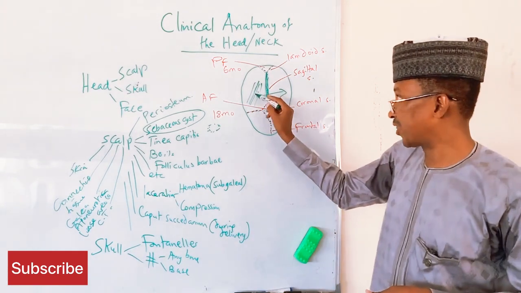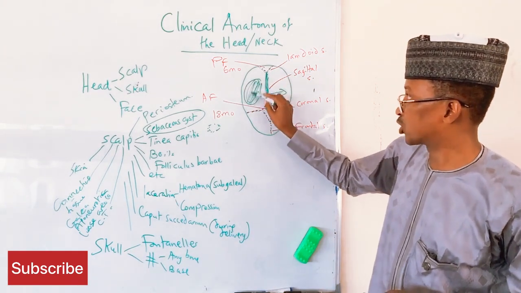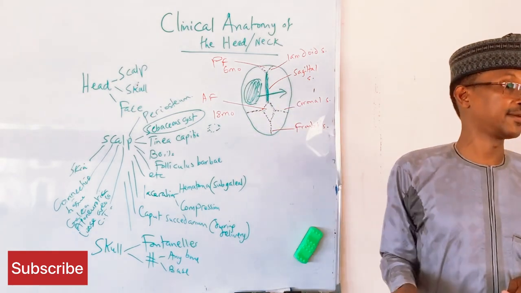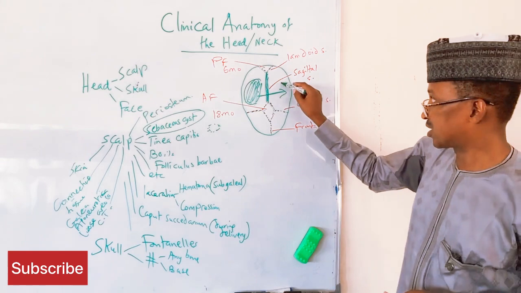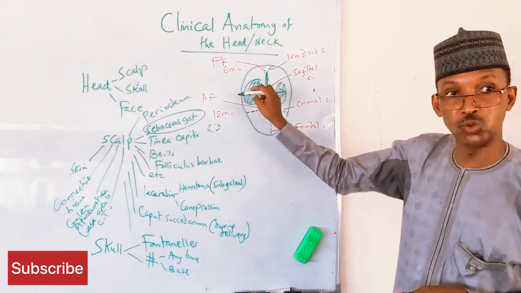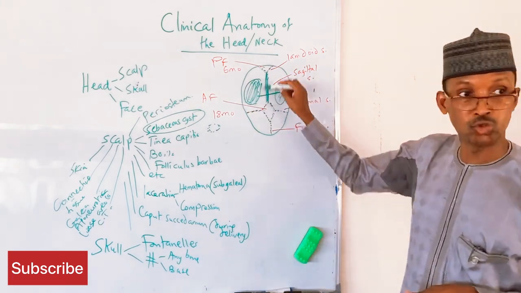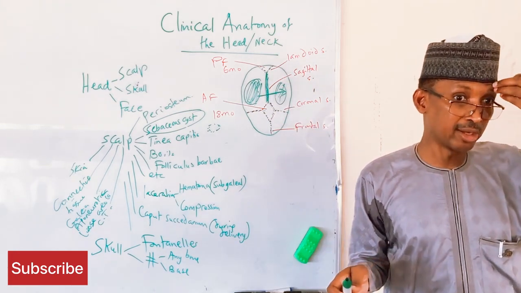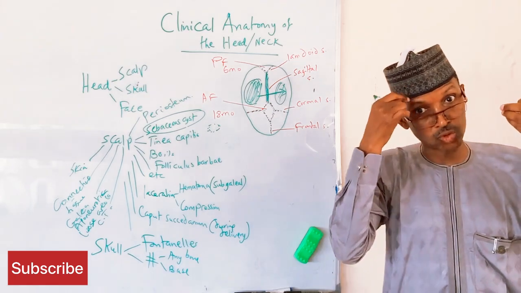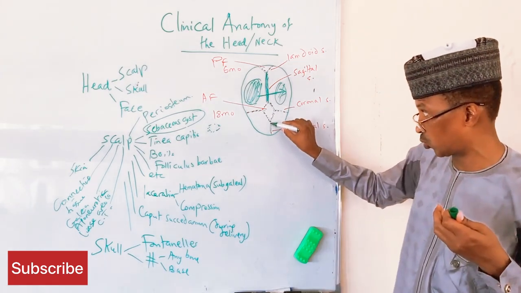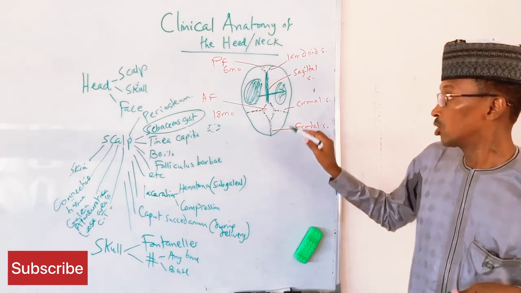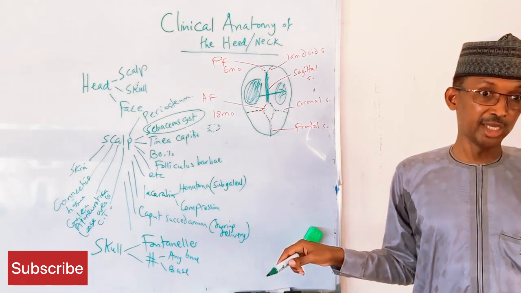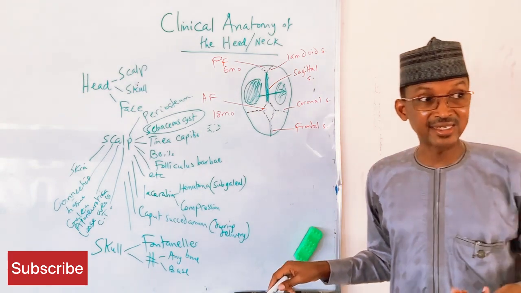So the bleeding here, the hematoma, the swelling, you see this side is swollen up very well, but it cannot go across this midline. Are you clear? So if it is this side, the bleeding here cannot go to this side because of this suture. Are you clear? The same thing when somebody has a trauma on the forehead, on this left side, it cannot go to this side because of the suture, this frontal suture here. Are you clear? Good.